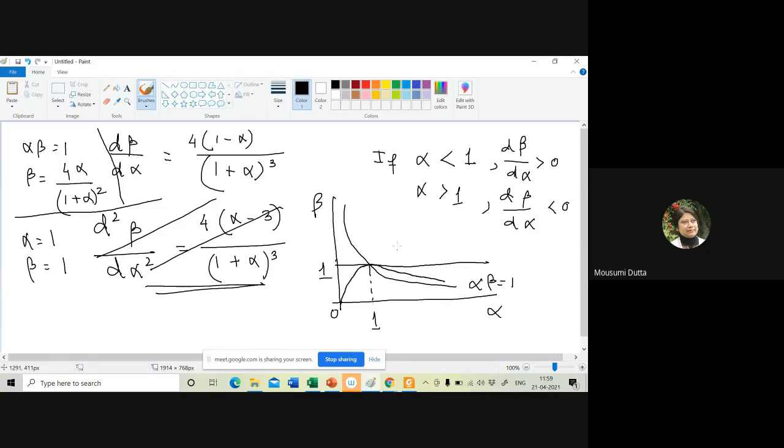So are we getting this kind of curve then? One curve is like this, and the other curve is like this, isn't it?